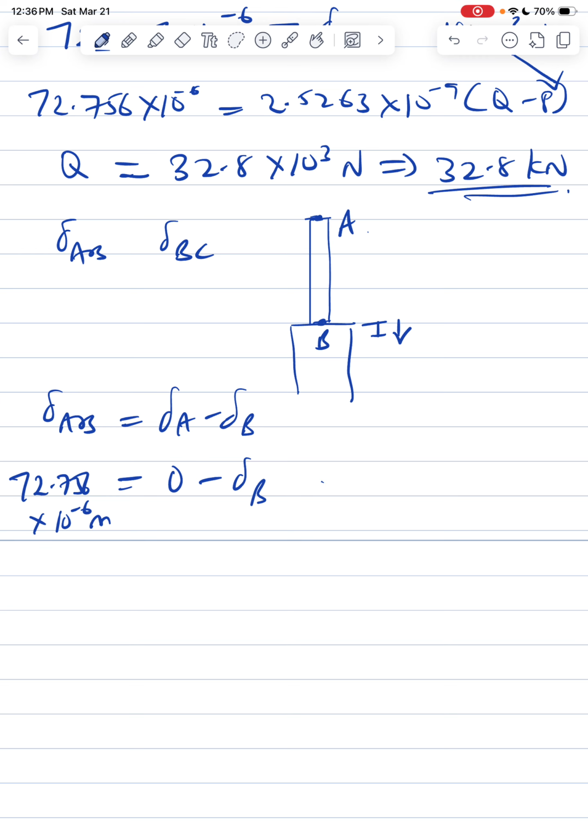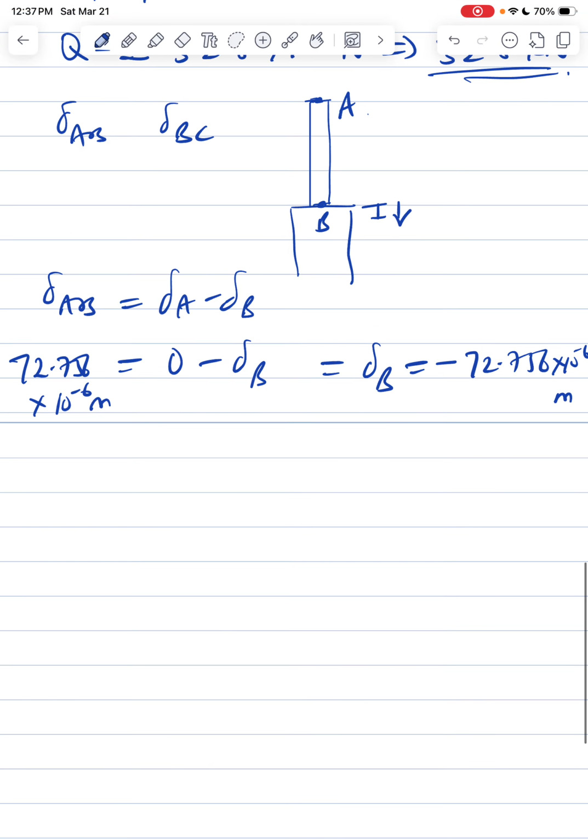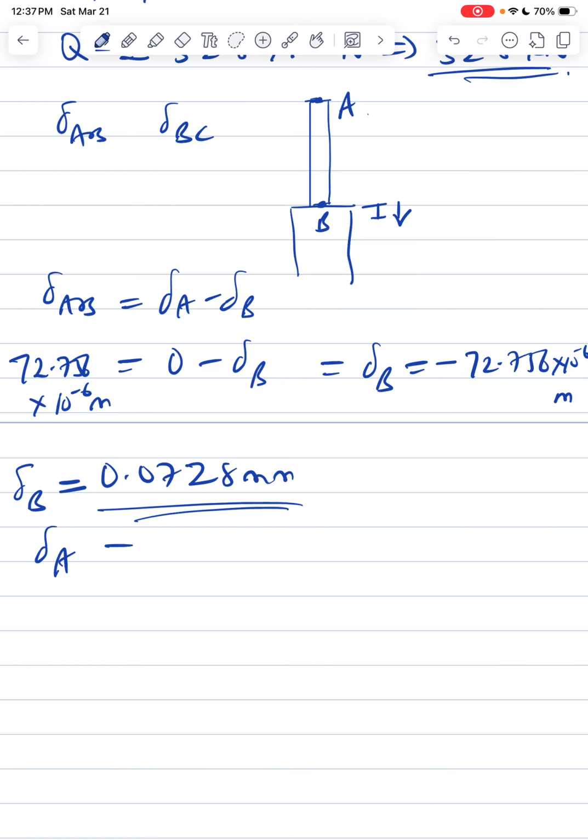So that will give us delta B. So delta B will be the negative of that, which is negative 72.756 times 10 raised to the power minus 6 meters. Converting it to millimeters to keep it compact, 0.0728 millimeters. And here is the deflection at B. Deflection at A, if you remember, is 0.